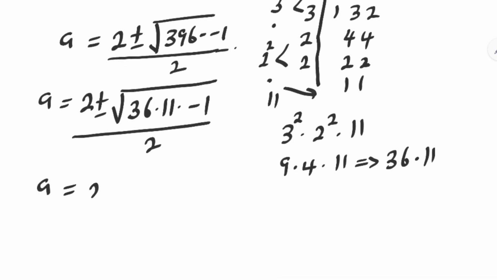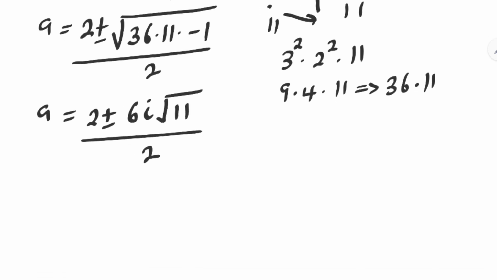A is equal to 2 plus or minus the square root of 36 is 6. The square root of minus 1 is i. Then root 11 over 2. A is equal to 2 over 2 plus or minus 6i root 11 over 2.